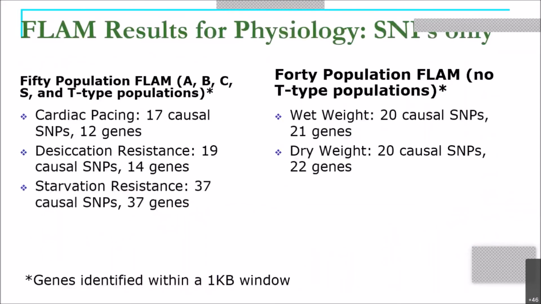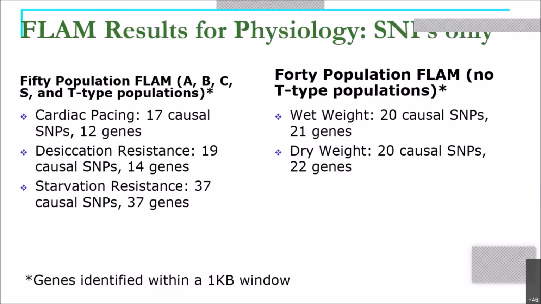Here are FLAM results, just looking at SNPs, both looking at SNP bins, which I don't have time to explain in the main body of my talk now, but also at our best candidate genes within each SNP bin, which are within a 1 kb window of our most strongly differentiated SNP within a bin.